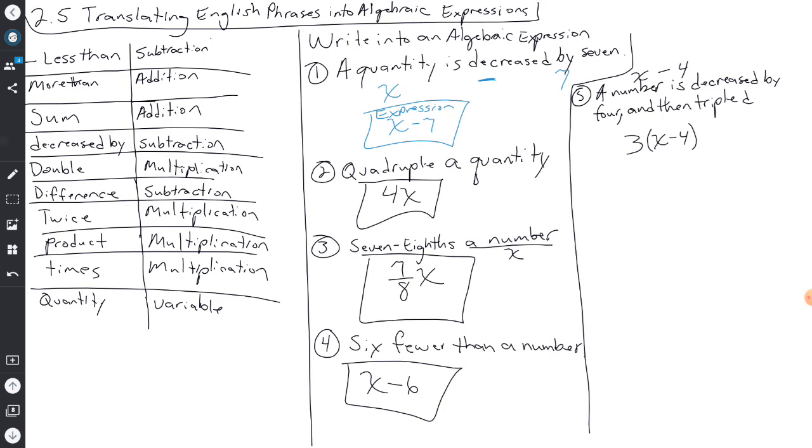So a number is decreased by 4, and that gives us this. And then it is tripled. So the x minus 4 is going to be tripled. So 3 times that.